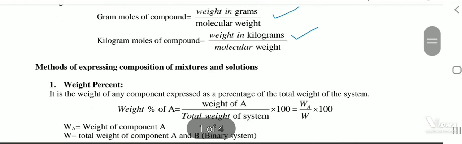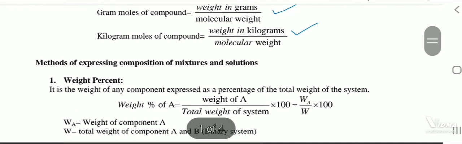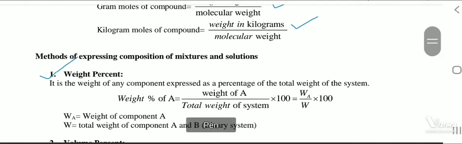Next comes the methods of expressing the composition of a mixture and solution. The first is weight percentage. Here we take a binary system which consists of two components, A and B. Weight percentage of A equals weight of A divided by total weight of the system, that is weight of A plus weight of B, times 100.